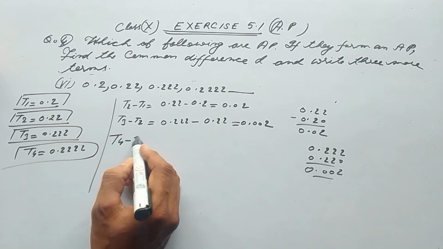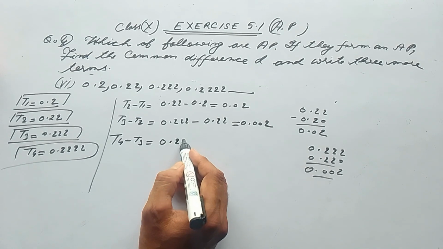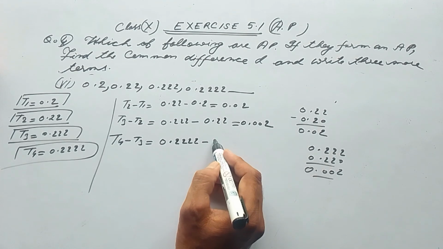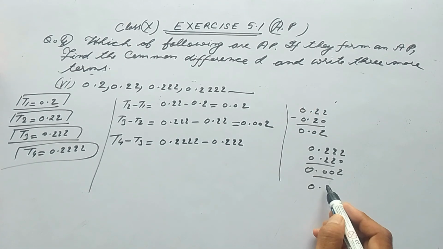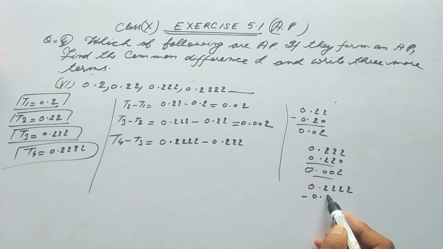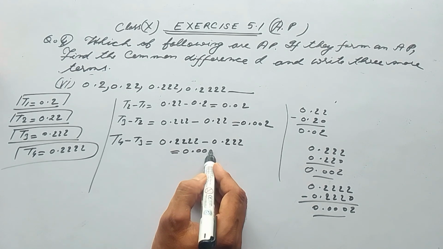T4 minus T3, T4 that is 0.2222 minus T3 that is 0.222, we have 0.0002.